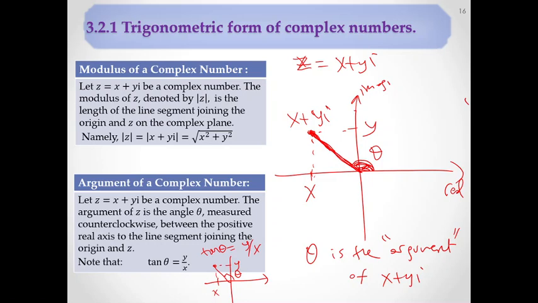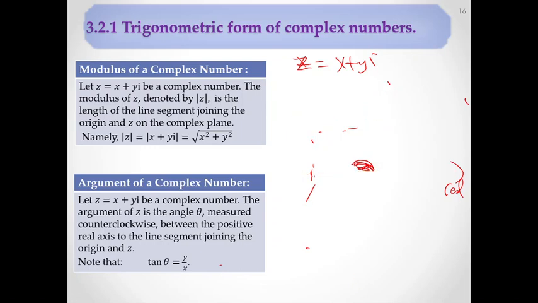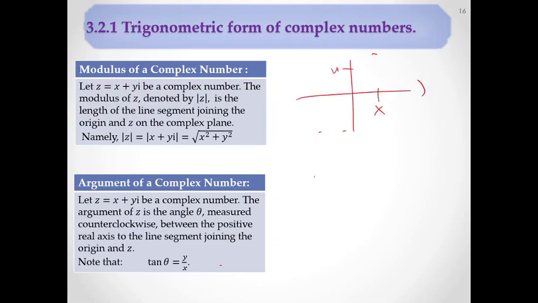You know the formulas; we have seen them in section 1.2. If I repeat again, we are doing the same thing as in vectors, but we give different names. So here, again, x plus yi.